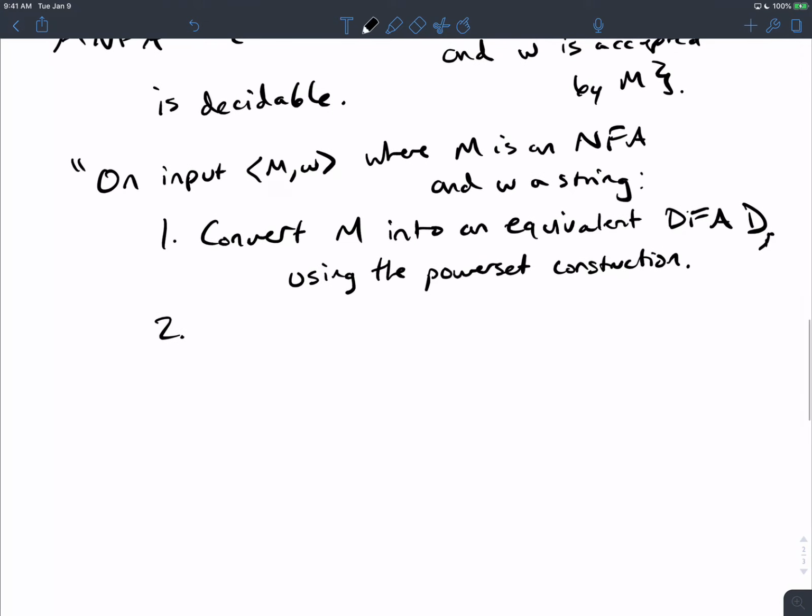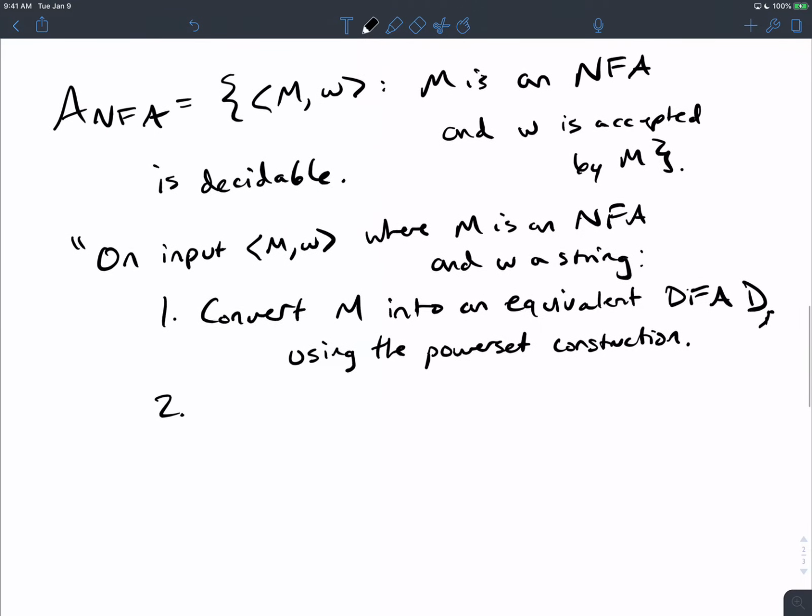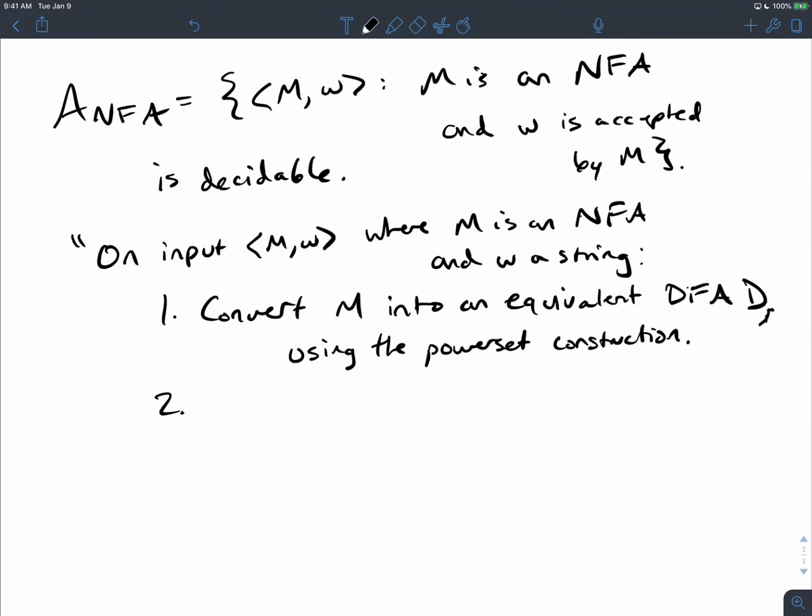Cool. So now what do we do? Or what is a good idea to do? Well, have we already solved the problem of whether a DFA accepts a given input? So that is the ADFA problem. What do they tell you in software engineering classes, like don't reinvent the wheel or something?